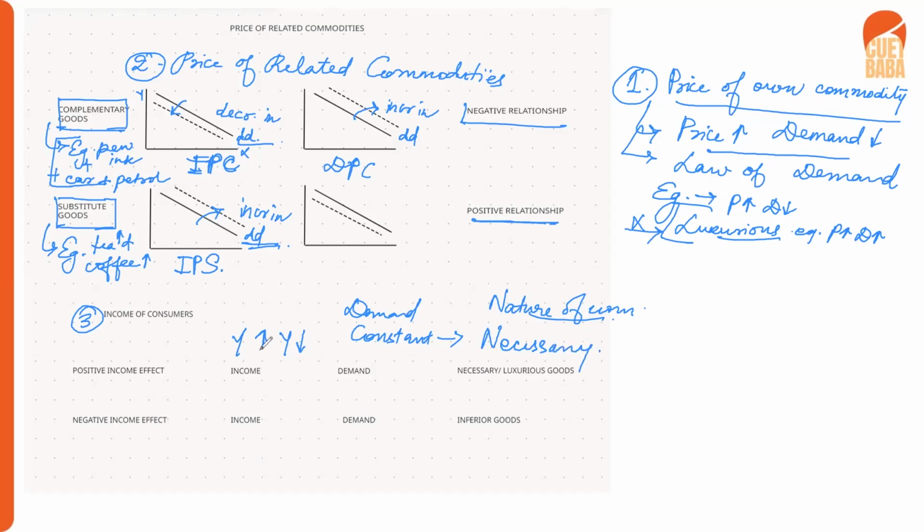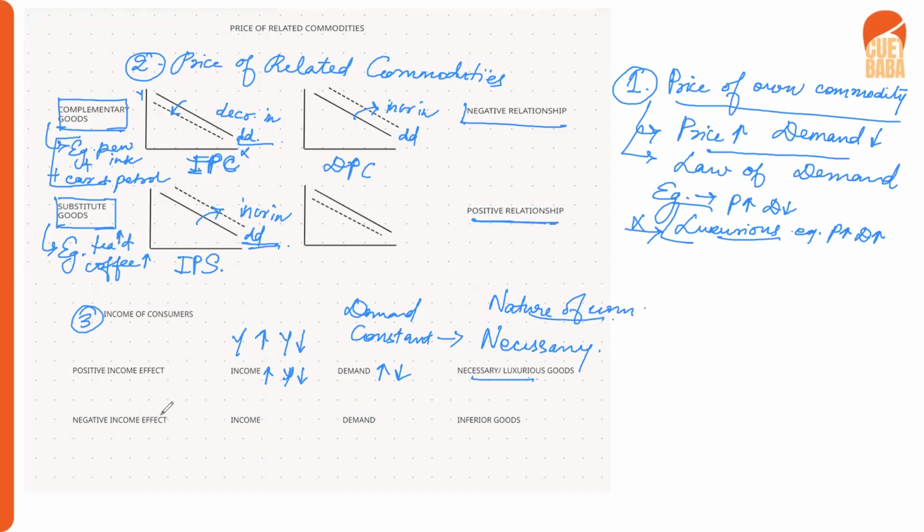Okay, and then in the second case, we can see that when there's a positive income effect, when the income increases or income decreases, the demand might increase or decrease, wherein we get necessary or luxurious goods.